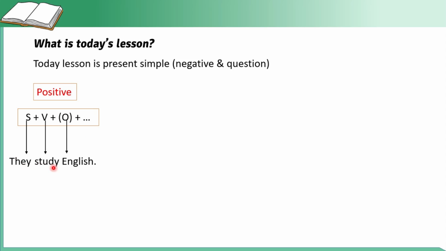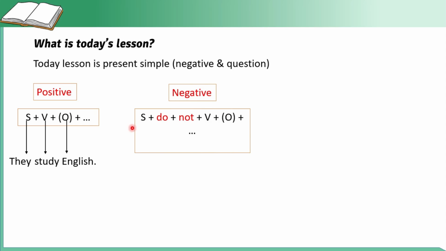So this is positive, subject, verb, objects. They study English. So now please write down the form of negative and question and then make the sentence into negative and question. Okay, let's start.